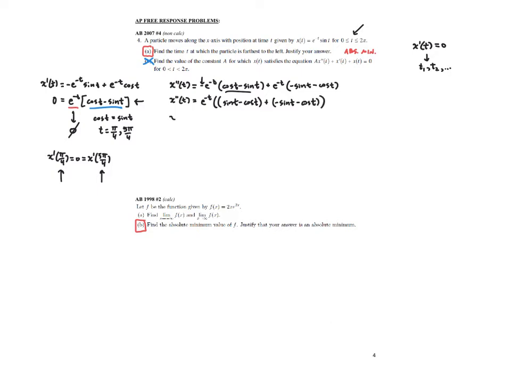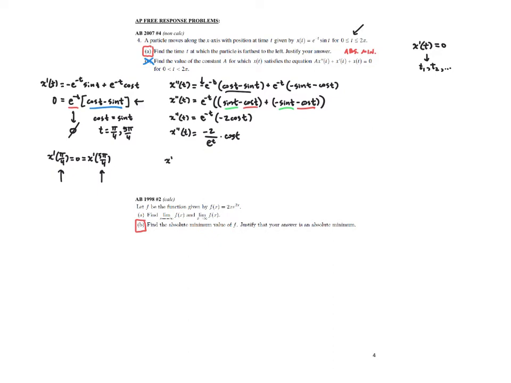I can simplify inside a little further. You can see clearly that sine of t cancels with negative sine of t, and negative cosine of t minus cosine of t will give me negative 2 cosine of t. I'm going to clean it up one more time and write this as negative 2 over e to the t times cosine of t.